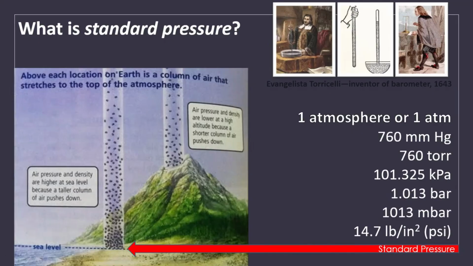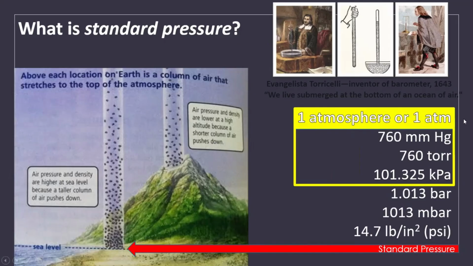He did a whole lot of studies. So that's why we have torrs and Pascals, because of Evangelista Torricelli and Blaise Pascal. And it's a good idea to memorize these four units up here, because in future chapters we're going to be converting back and forth between these four measurements.